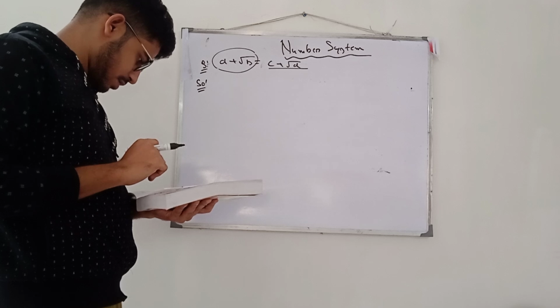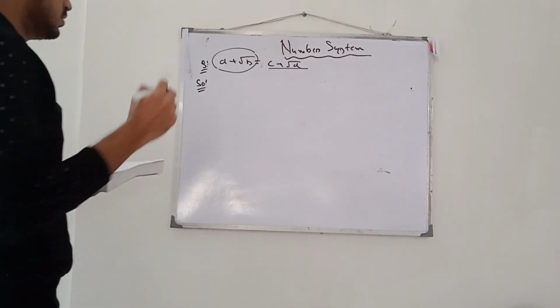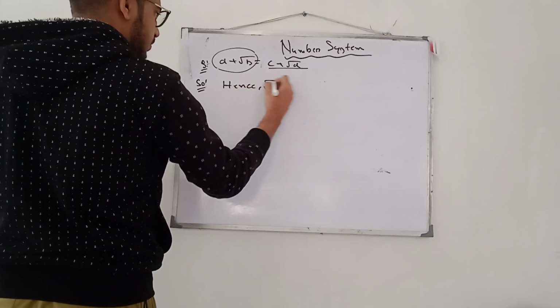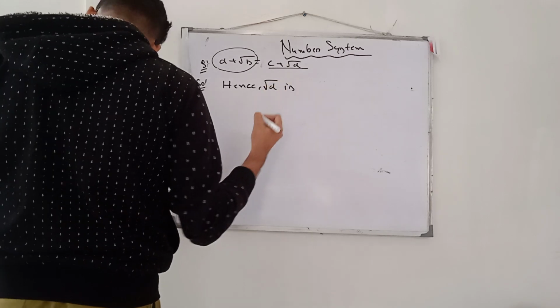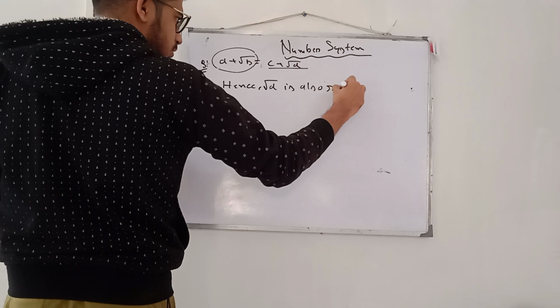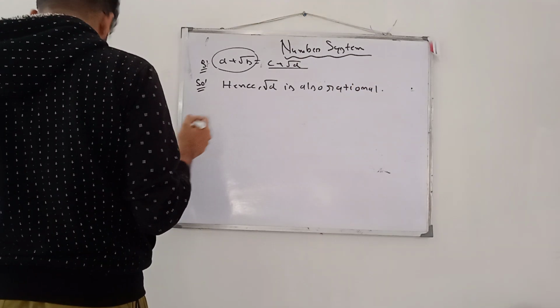I don't know how this can be rational. Hence root d is also rational.